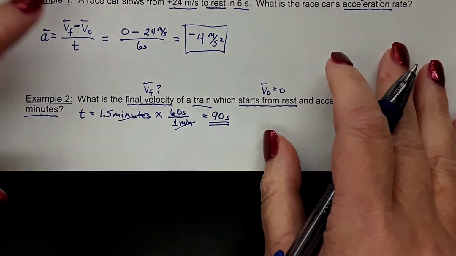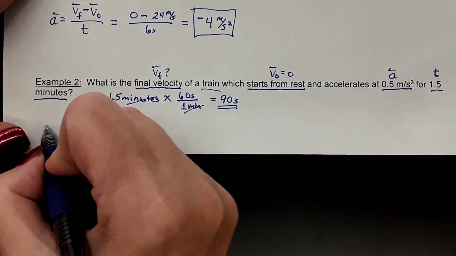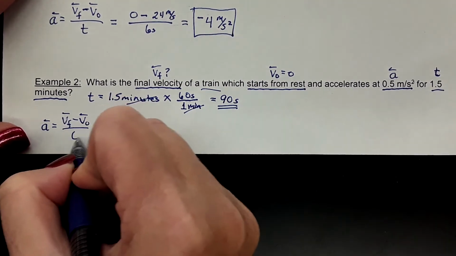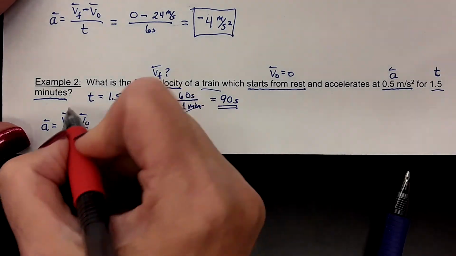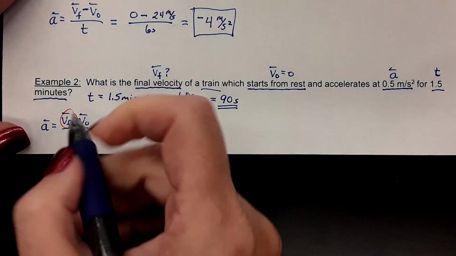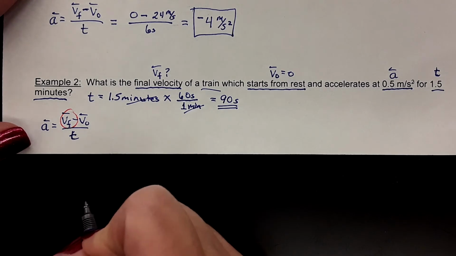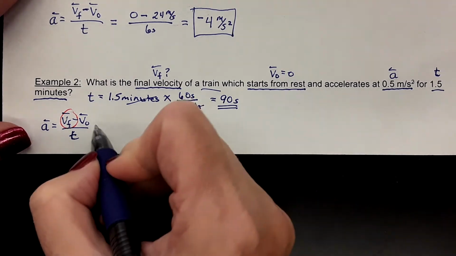Now, let's take a look at our formula. We've got a equals v sub f minus v sub o over t. But what we're looking for is this right here, v sub f. So let's rearrange our variables to solve for that.